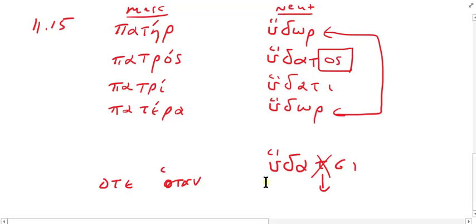So learn these for now, and then as you get onto more Greek studies, you'll get to look up this word in the lexicon, and it's a lengthy lexical entry.